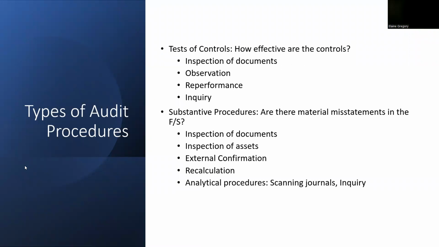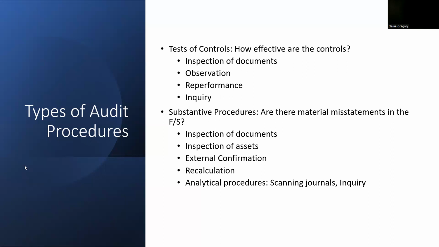If we were looking at whether we've got a good control environment over our accounts payable, we might do a number of different procedures, such as inspecting the documents, observation of the process, maybe we watch or do a reperformance of the process, and we can also inquire with management as to their control-related responsibilities.